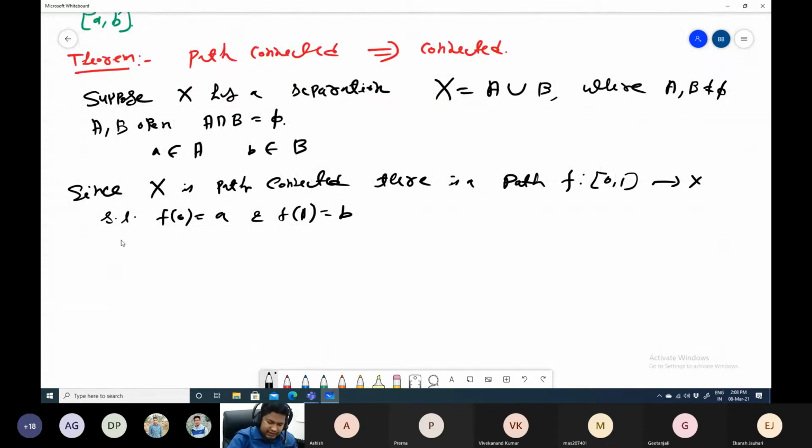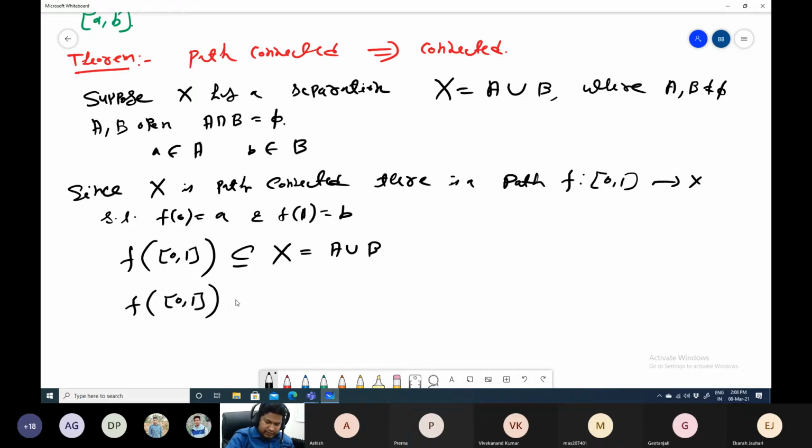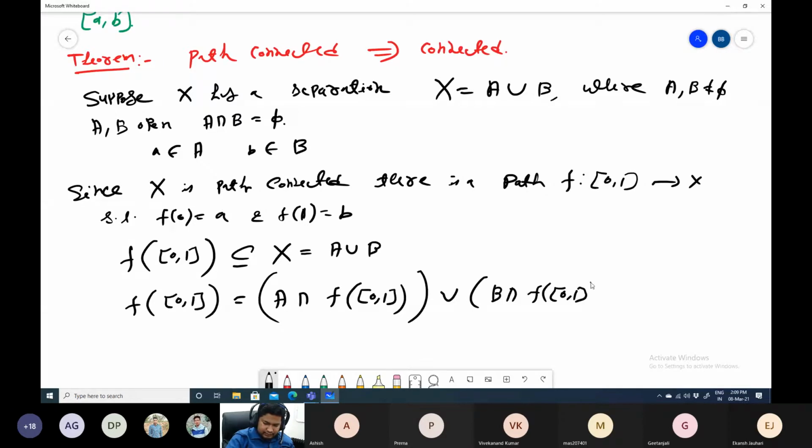Now you can check what is f([0,1]), the image of this. This is a subset of X, right? And X is A union B, so therefore f([0,1]) can be written as A intersection f([0,1]) union B intersection f([0,1]). Now can you see that this forms a separation?